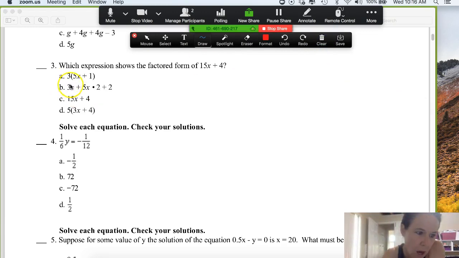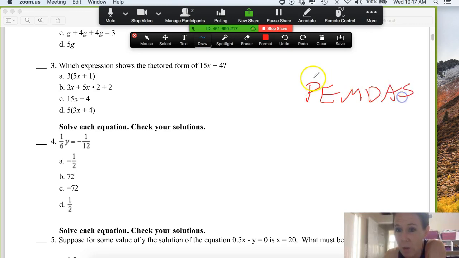So go, all right, 3x plus 5x, then times 2 plus 2. Well, using order of operations, you do, please excuse my dear Aunt Sally, right? Parentheses, then exponents, then multiply and divide are on the same level, and add and subtract are on the same level.